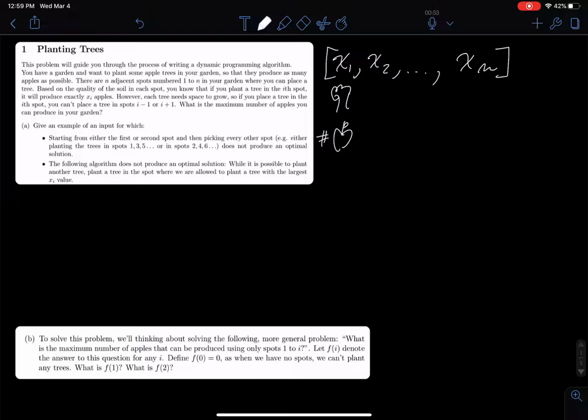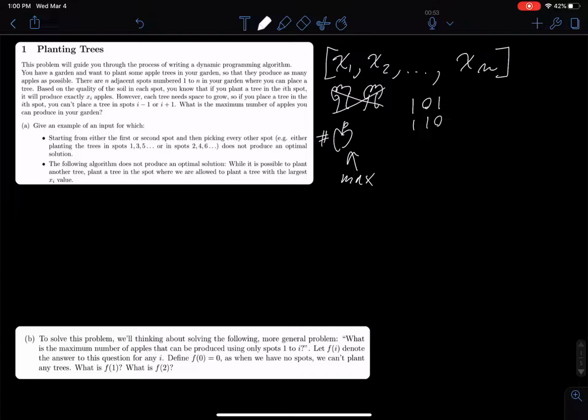And our goal is to maximize the number of apples, with the constraint that 2 trees cannot be planted right next to each other. For example, we could plant trees at positions 1, skip 2, and plant at position 3, but we could not plant in both positions 1 and 2.